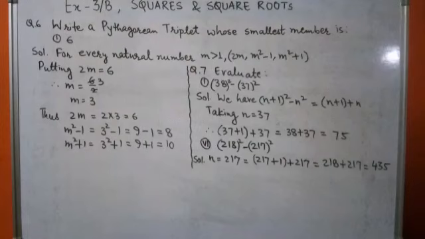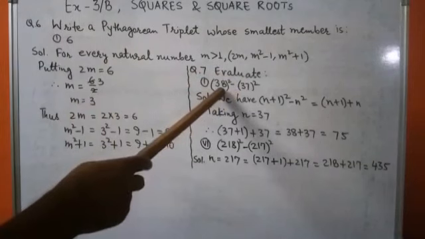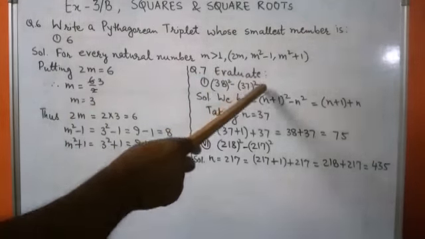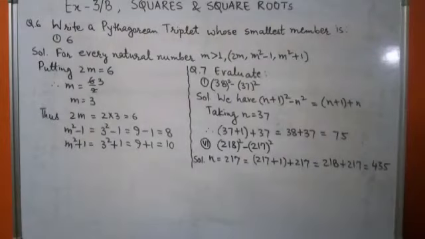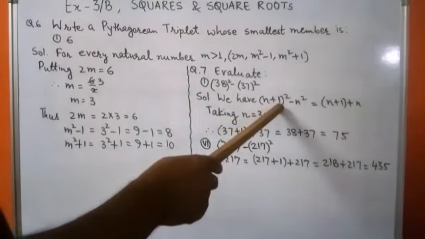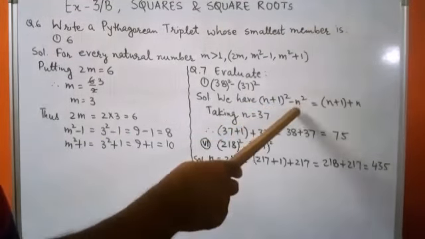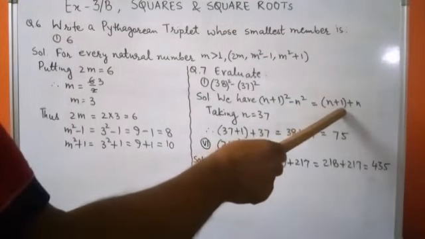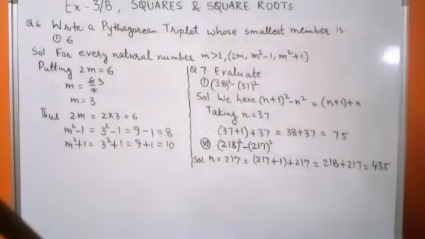Now question number 7. Here we have to evaluate 38 square minus 37 square. Again, that we have learned from the property, that n plus 1 whole square minus n square is always equal to n plus 1 plus n.